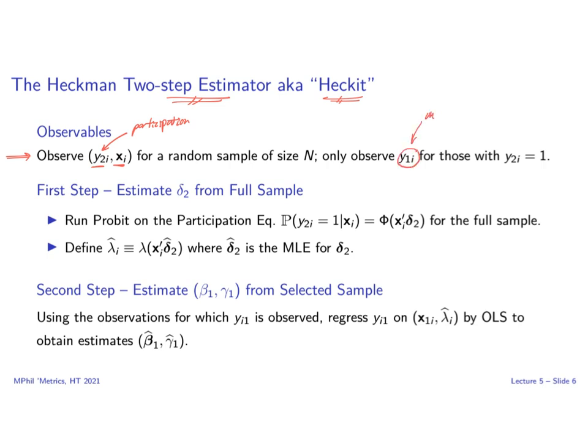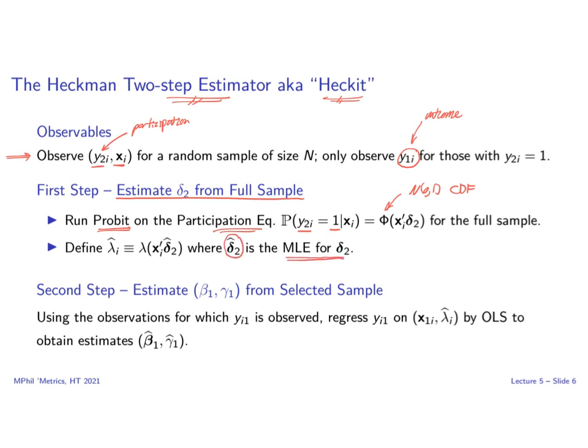In the first step, we estimate delta 2 using the full sample. To do this, we run probit on the participation equation. In other words, the model is the probability that y2 equals 1 given x equals capital phi of x prime delta 2, and we calculate the maximum likelihood estimator delta 2 hat of delta 2.